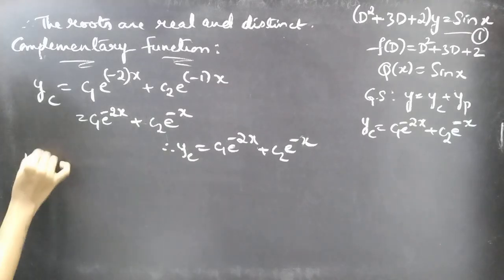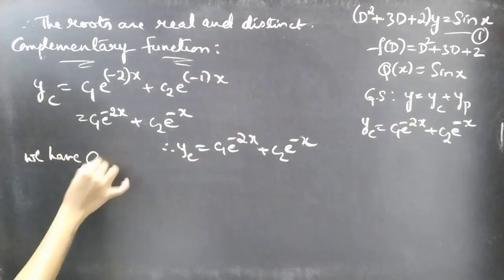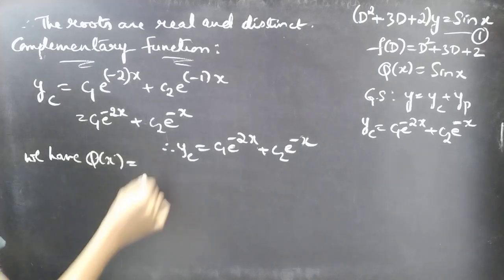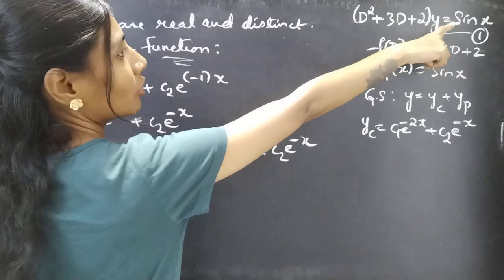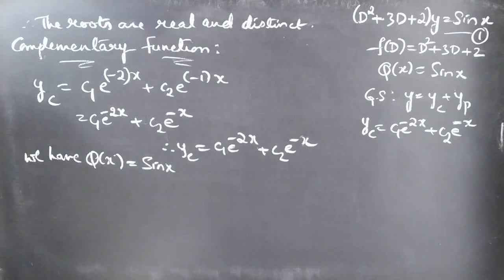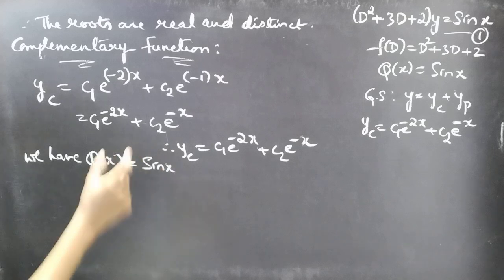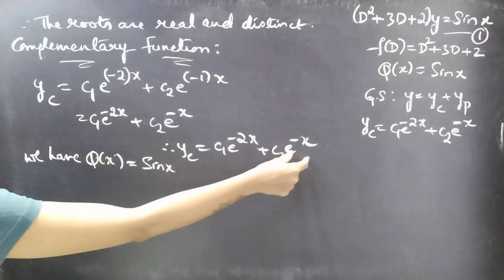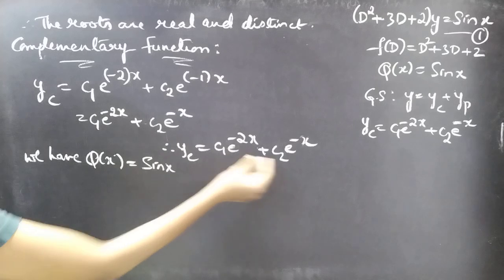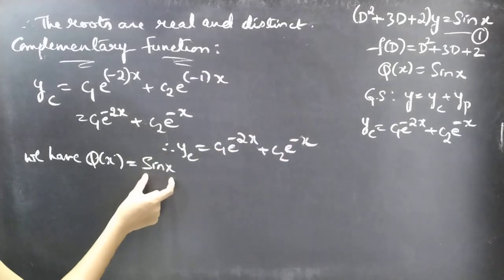We have Q(x) = sin x, the right-hand side part of the given equation. Now observe Q(x) and the functions of yc. The terms which involve functions of x are e^(-2x) and e^(-x), and here we have sin x.